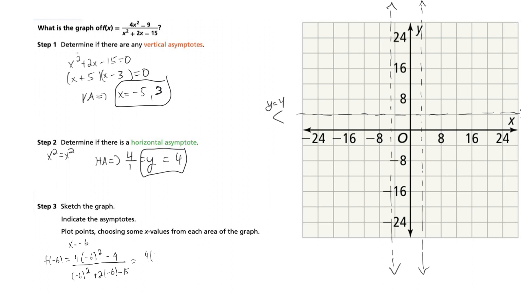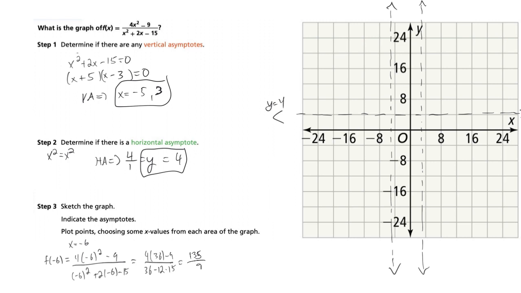So we get 4 times 36 minus 9 over 36 minus 12 minus 15. 4 times 36 is 144, minus 9 is 135. And then 36 minus 12 minus 15 is 9.